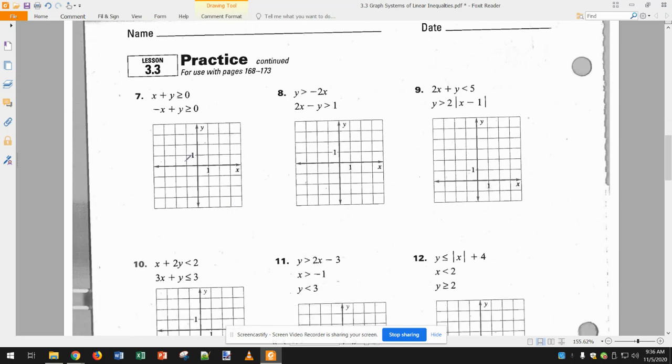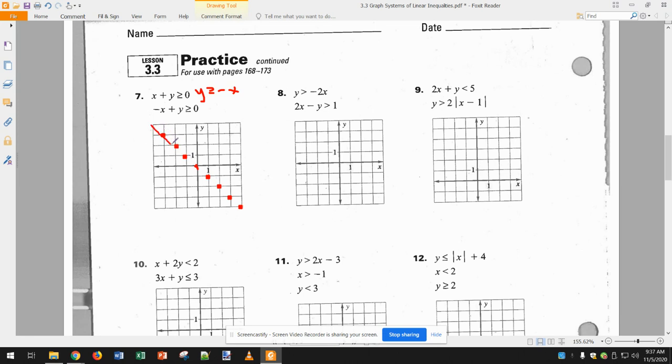Moving on. Number 7 you had to do. So I'm going to put these in slope-intercept form. Y is greater than or equal to negative x if I just subtract x on both sides. So that line would go right through the origin and have a slope of negative 1. So it's just going to go down here, here, here, here, and up here, and here, and here, and here.